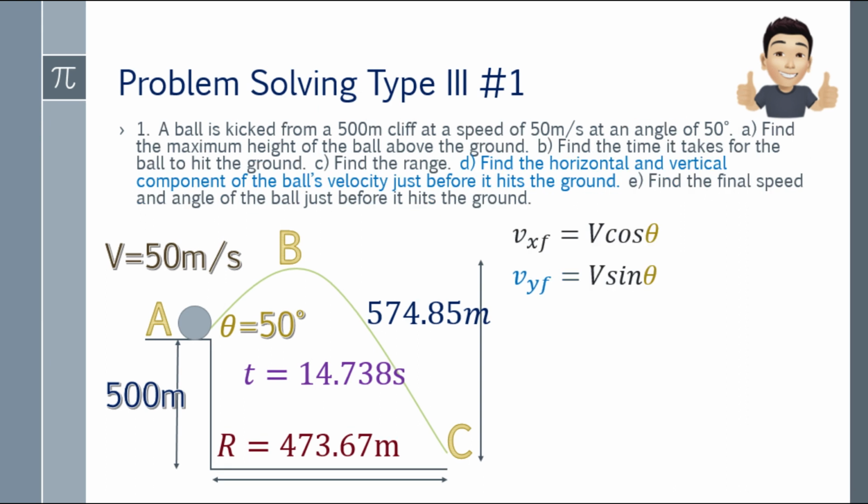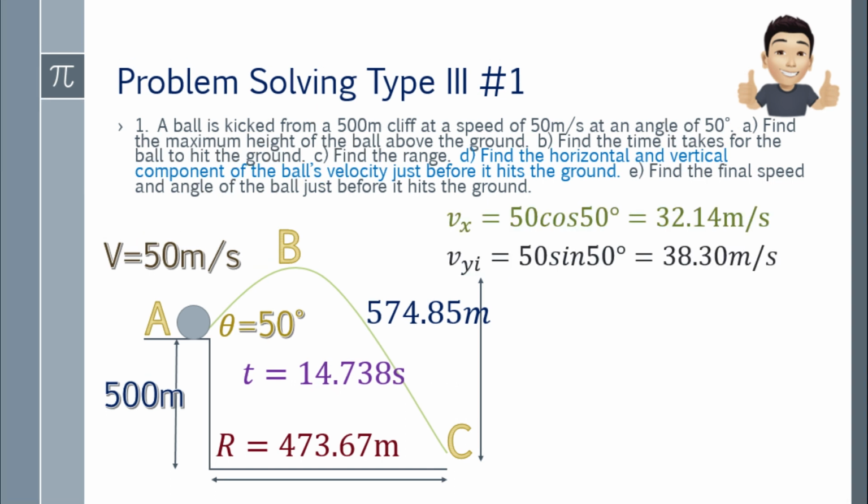And for the vertical, that will be V sine theta. So let's get the answers now. Vx is equal to 50 cosine 50 degrees. That will be 32.14 meters per second. And for Vyi, or the initial velocity for the vertical component, that is 50 sine 50 degrees, equal to 38.30 meters per second.